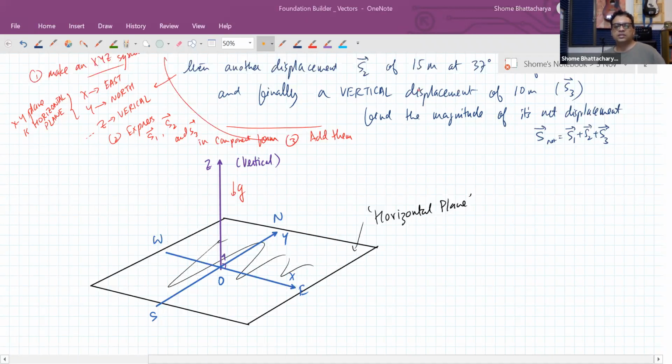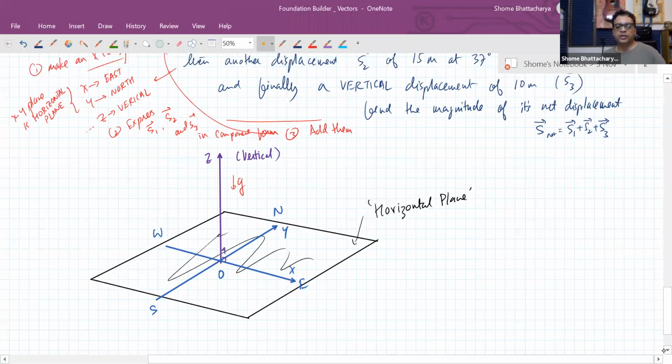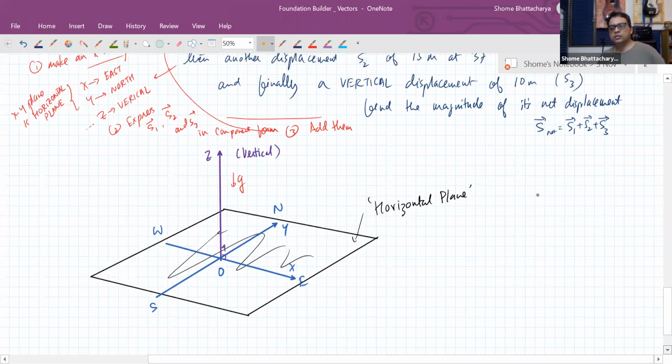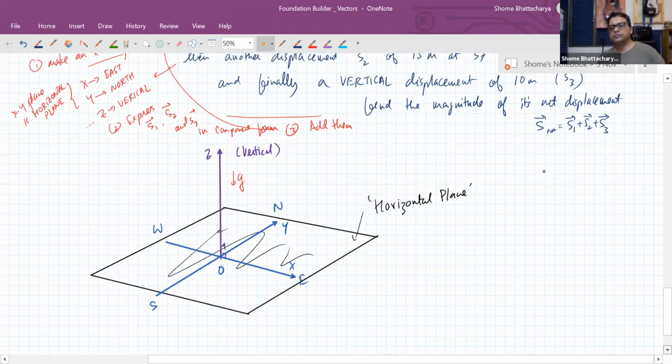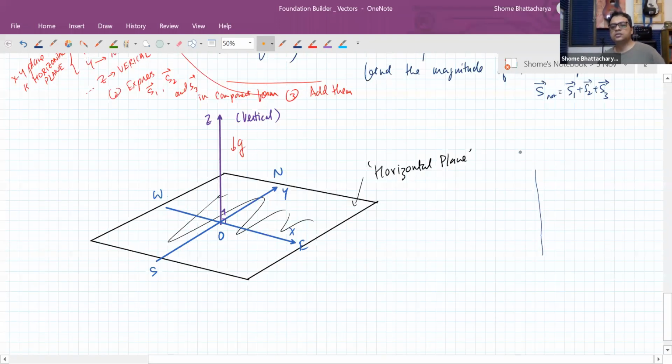Okay, then the first and third are correct, but the second one is a little bit more complicated. Okay. So now if we just look in the xy system, so this is east, this is the north direction, okay, and this is the west direction. So how is the vector S1 looking? It is like this. S1 is a displacement towards the east of 12 meters.